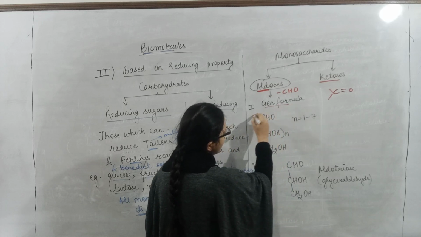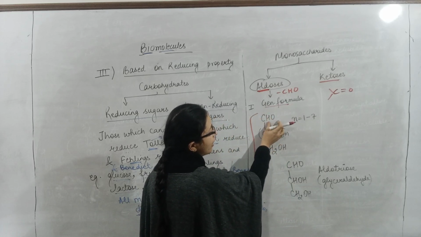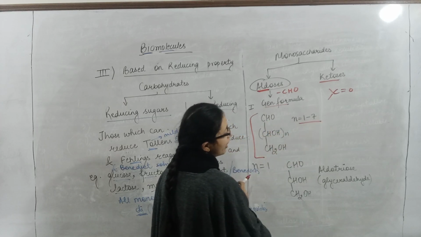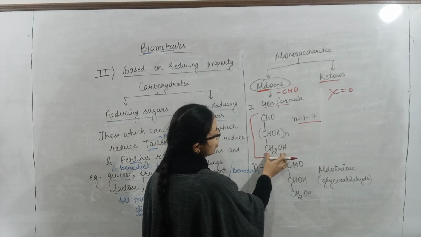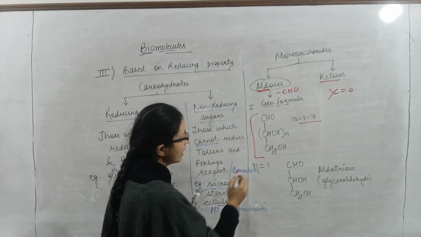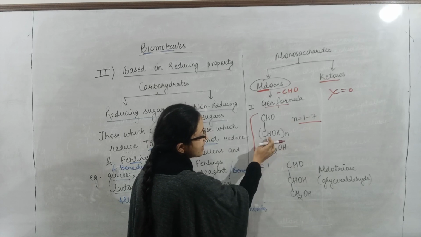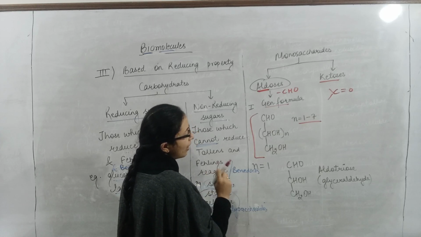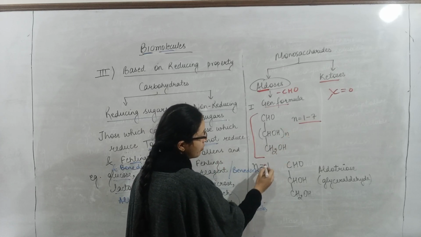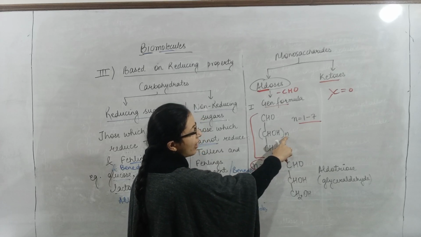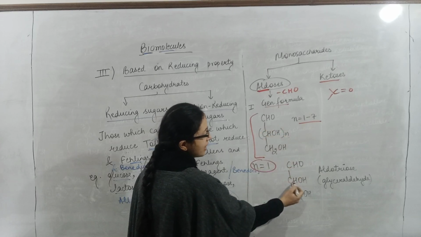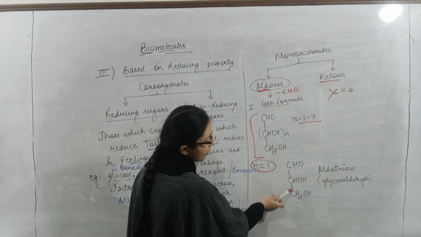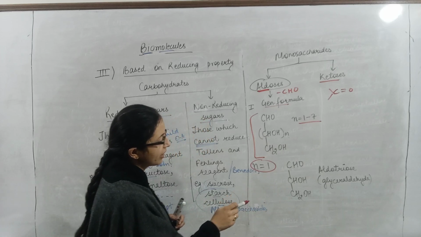The general formula is this. There's this aldehyde group CHO, CHOH, N times. N may vary from 1 to 7 and another CH2OH group. ठीक है, तो एक ये प्राइमरी एल्कोहलिक ग्रुप होता है, सेकेंडरी एल्कोहलिक ग्रुप्स and an aldehyde group is present. Now if the value of N is 1, N की जगह 1 लगा देंगे, तो एक ही यूनिट है CHOH, तो सिंपलेस्ट क्या बना हमारे पास एल्डोस, 3 कार्बन का सिंपलेस्ट एल्डोस बनेगा.